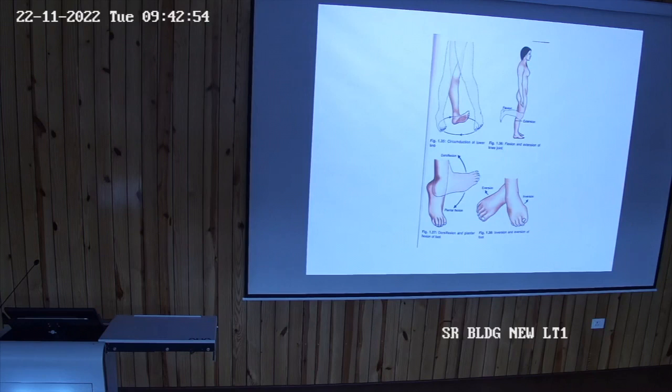Try it and see. Look, the bowler, then like that. So the combination of all these movements is called circumduction. So this is circumduction at the shoulder joint.